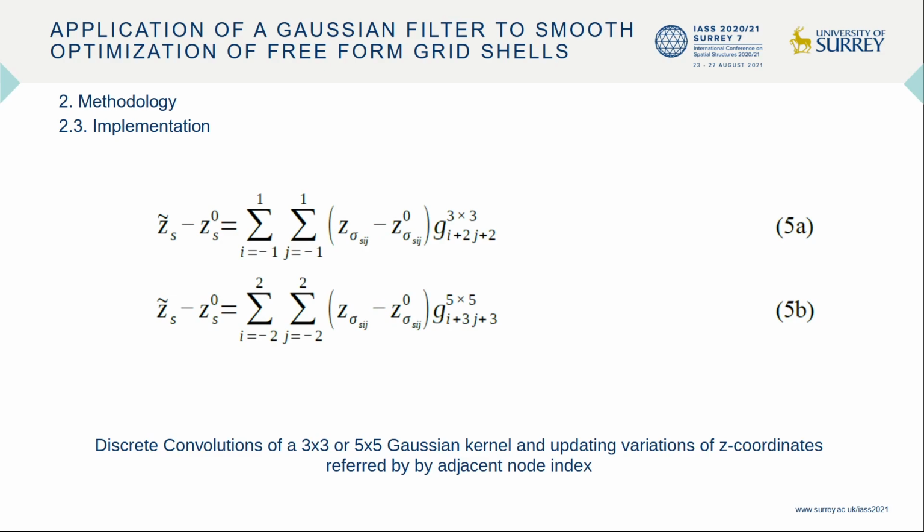Now we recall that the initial freeform should remain as the base outline of the desired shape. Therefore, it is more practical to use relative z-coordinates from the original ones, rather than absolute coordinates. Finally, applying the previous equations to the relative coordinates yields the convolution equation that smooths the modified portion of the geometry.